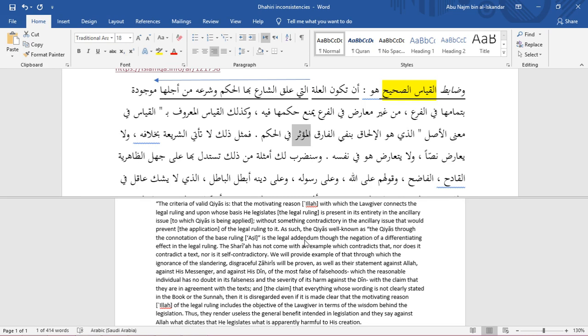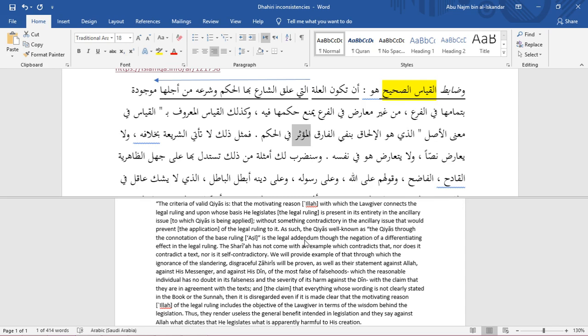There's no differentiating effect. There's no distinguishing effect between them. No distinguishing influence. Something where you could point to and say, oh, but look, this situation is different because of this. And the effect that the legal ruling will have on this situation is different than what it will have on this situation. So it's the nafi, the negation of a distinguishing effect, a differentiating effect in the legal ruling.